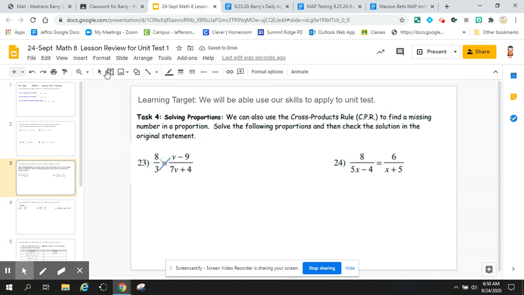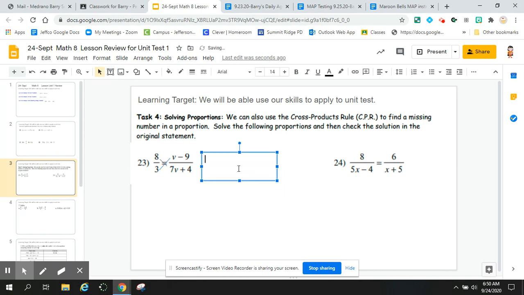So if you were to look at this, it would look like this at the end. It would look like 8 times 7b plus 4 equals 3 times b minus 9.